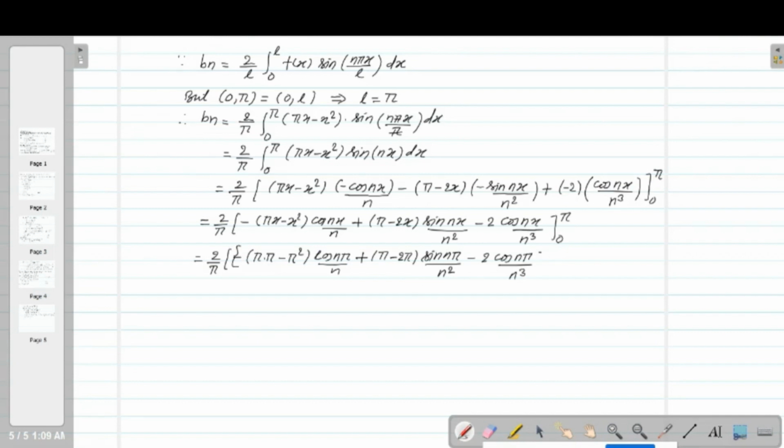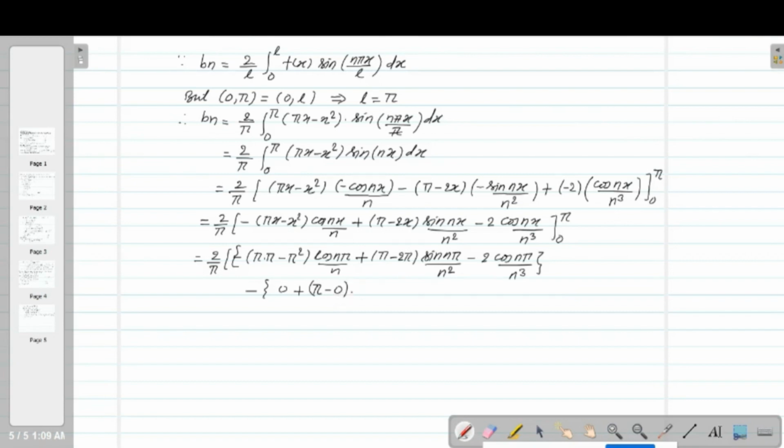This is for the upper limit. Minus the lower limit: instead of x we put 0, so 0 multiplied by this thing is 0, and plus pi minus 0 times sine 0, which becomes 0.